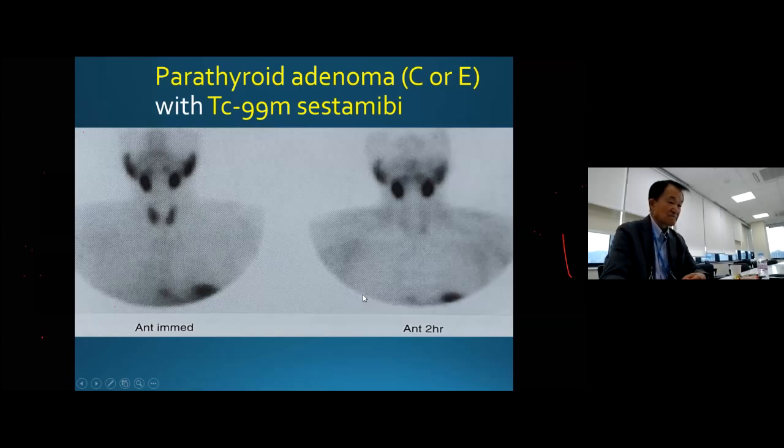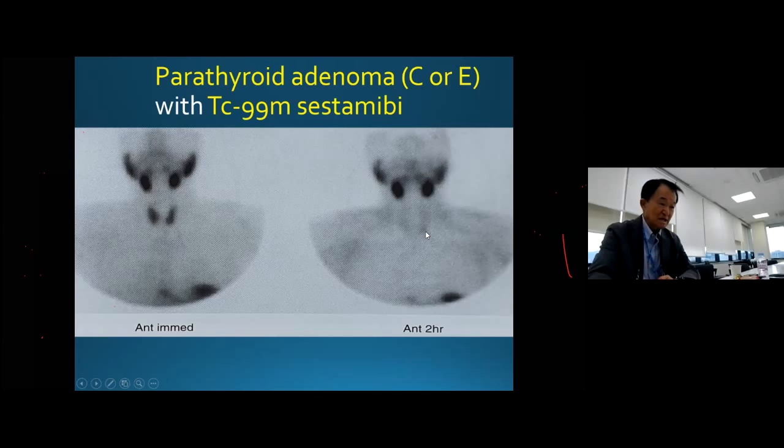So after 2 hours, usually it's washed out. The salivary gland contains activity quite long, but thyroid takes up and washes out. But you can see a little bit here on this planar imaging remaining. Okay, remaining.